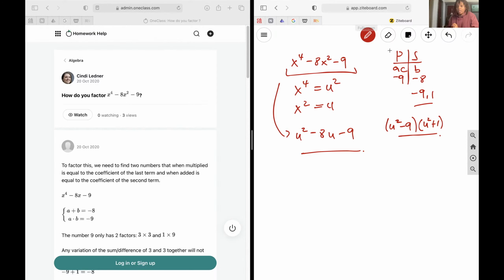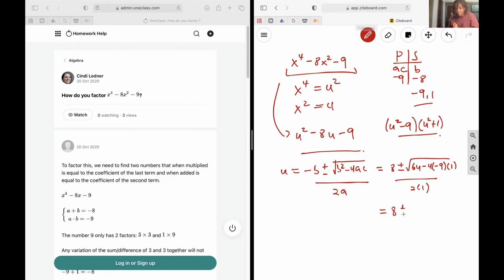Now I can confirm this using the quadratic formula, which states u is equal to -b plus or minus the square root of b squared minus 4ac, all over 2a. My b is -8, so this becomes 8 plus or minus the root of 8 squared, 64, minus 4 times -9 times 1, all over 2 times 1.